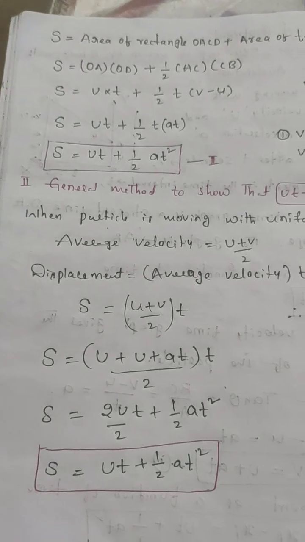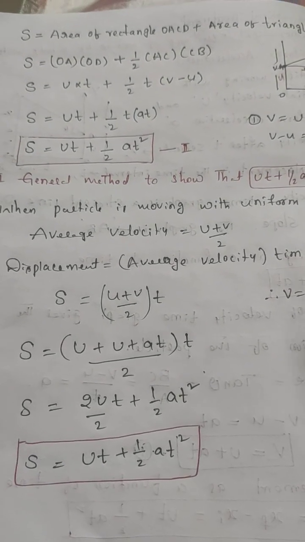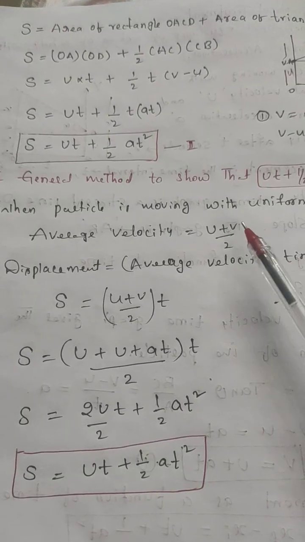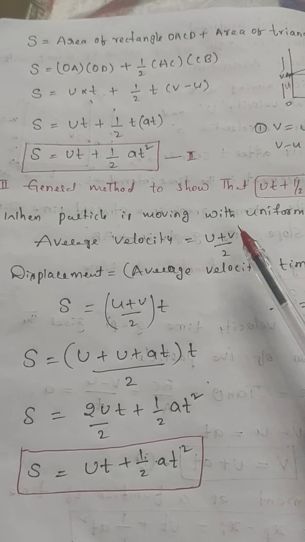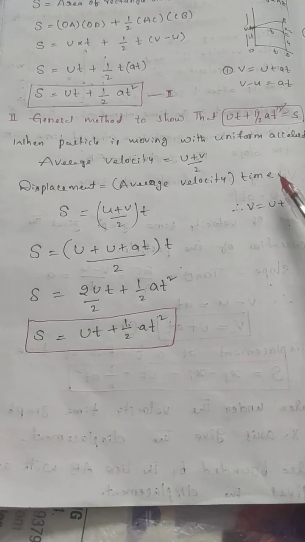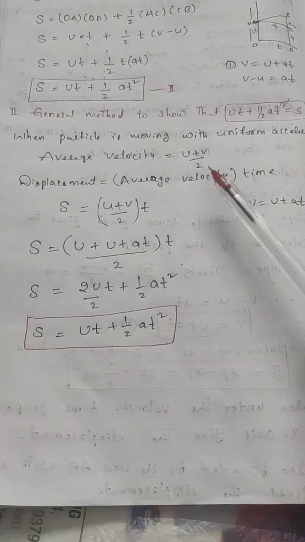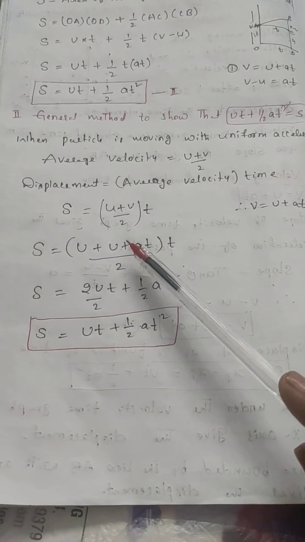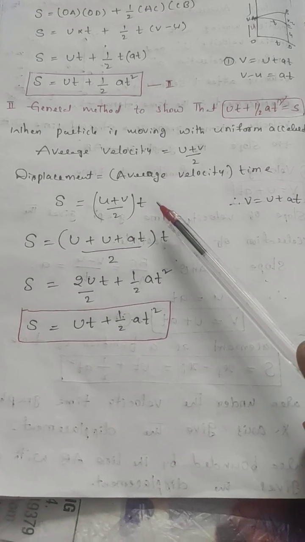In the general method, we will find S is equal to ut plus half at square. Whenever a particle is moving with uniform acceleration, average velocity is (final velocity plus initial velocity) by 2. Displacement is equal to velocity into time. Instead of velocity, we take average velocity: (v plus u) by 2, into t.